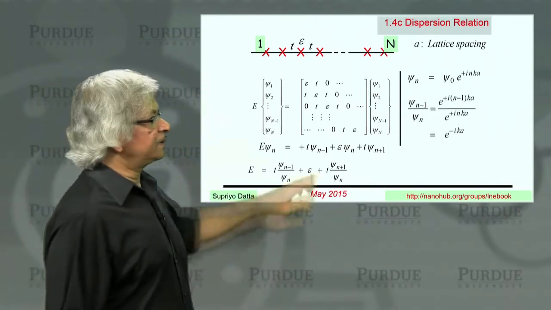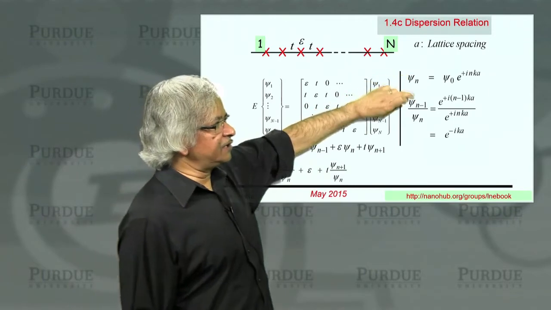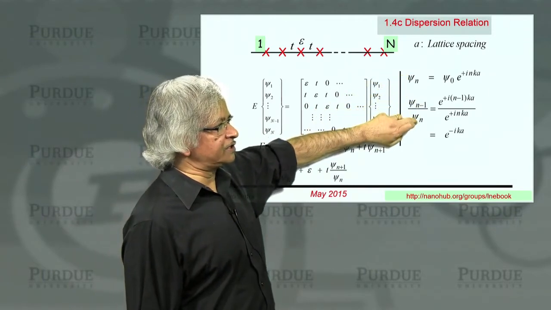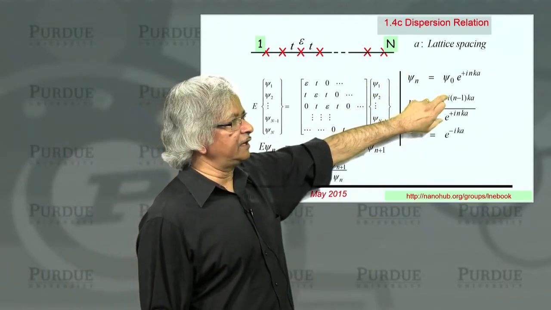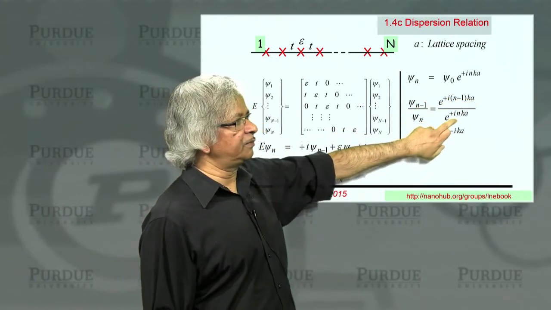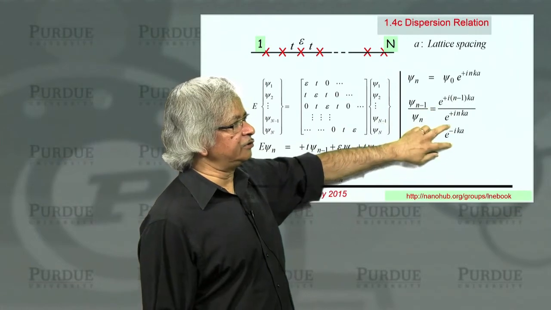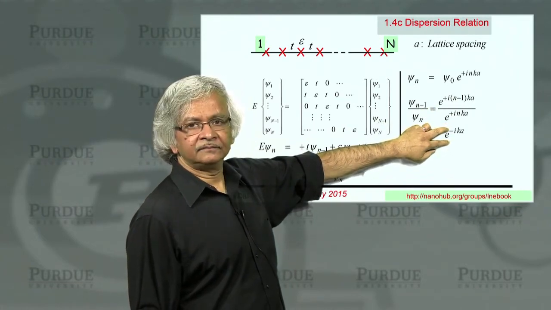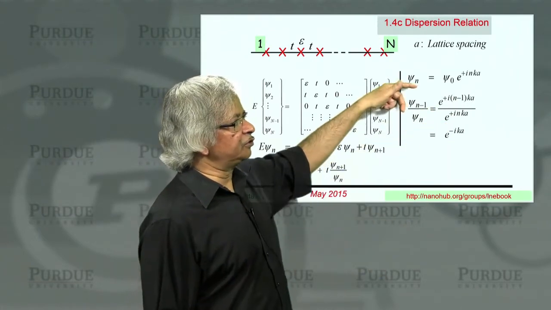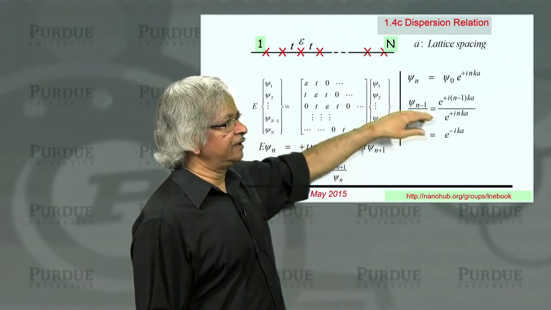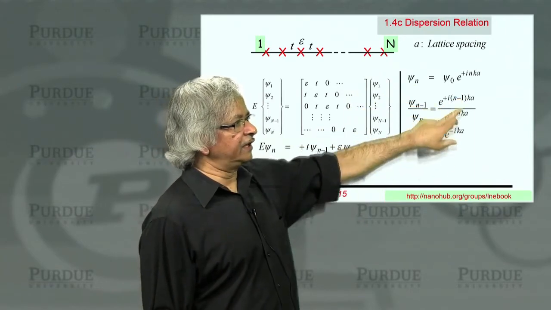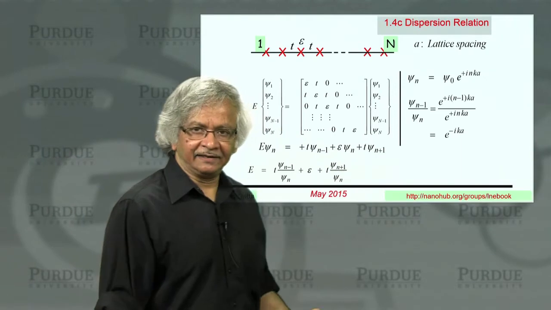So if you accept this, then you can see what psi n minus 1 over psi n is. It's e to the power i (n minus 1) k a over e to the power i n k a. And the n cancels out, leaving e to the power minus i k a. Similarly, if you did psi n plus 1 over psi n, you would have n plus 1 there, so you would get e to the power plus i k a.